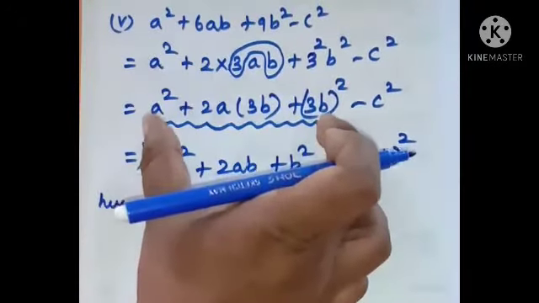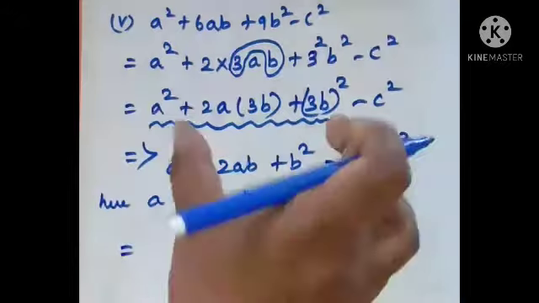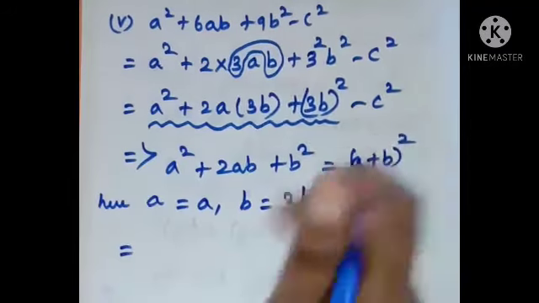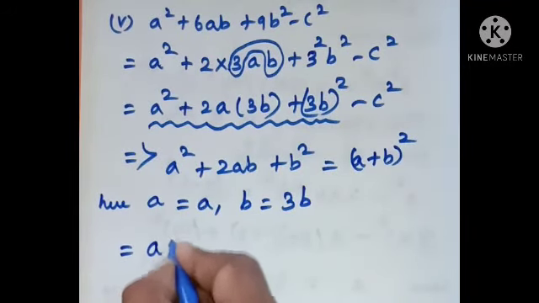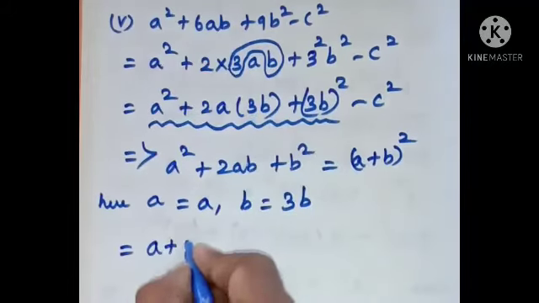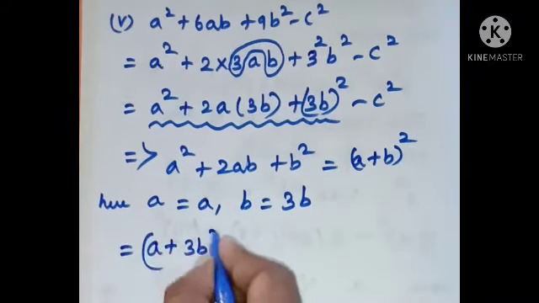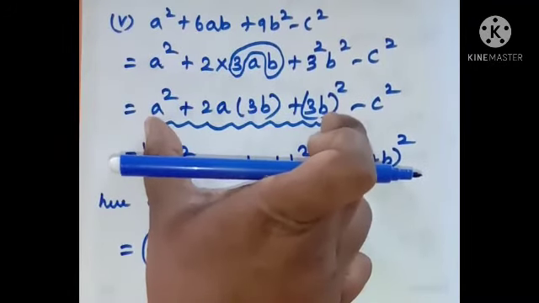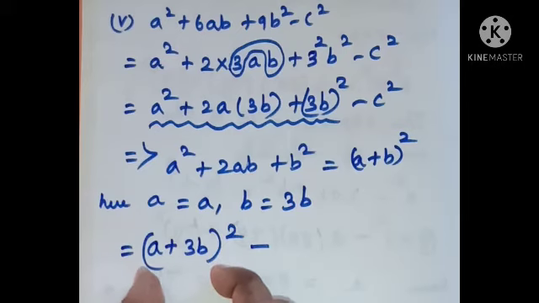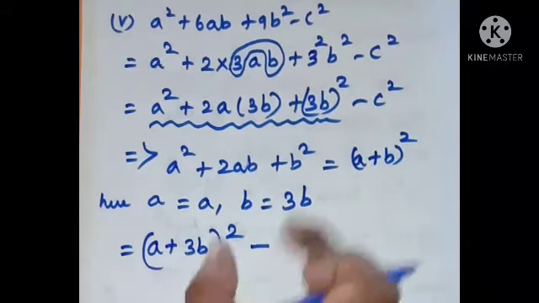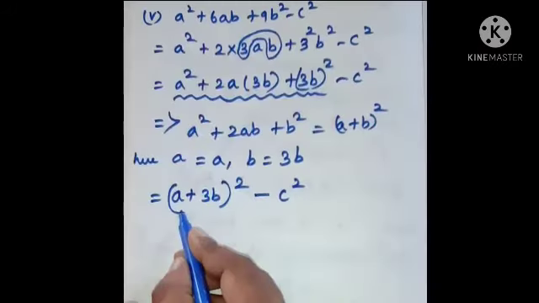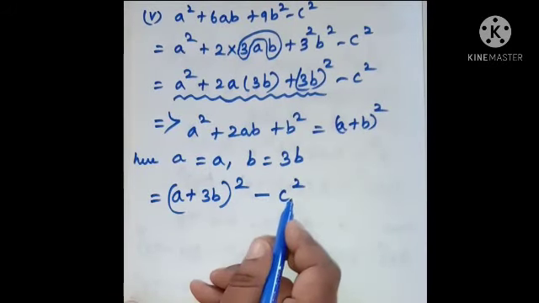So for first three terms we can write a square plus 2ab plus b square as a plus b the whole square as a plus 3b the whole square minus c square.